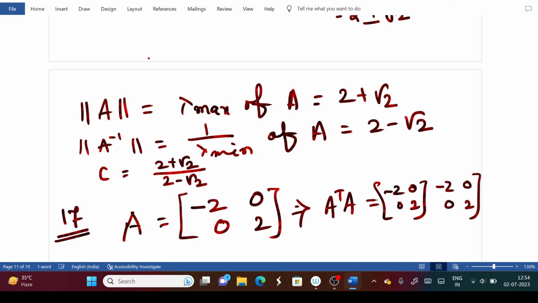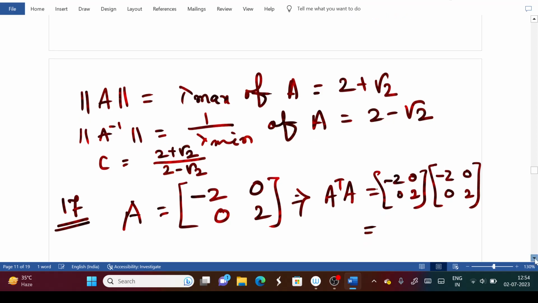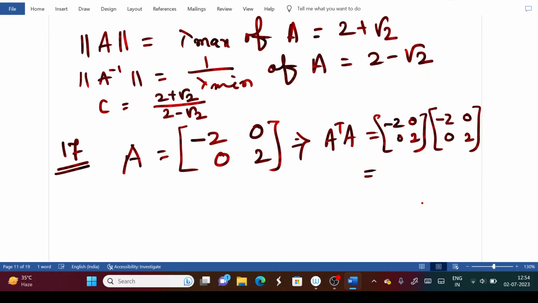I could have written it directly, but students may get confused, that's why I wrote it. So the diagonal elements are multiplied with themselves. So we got this one.